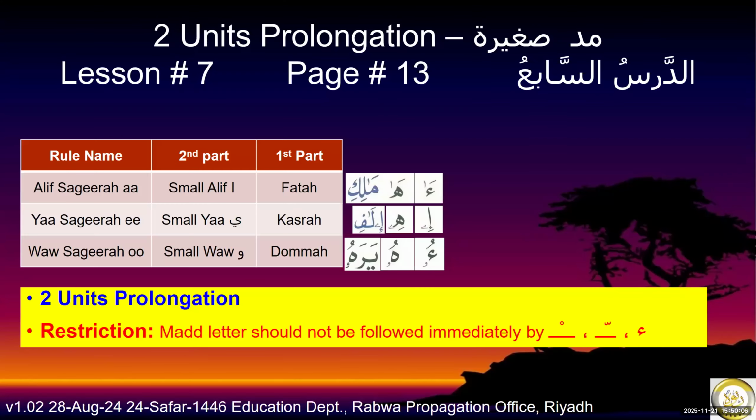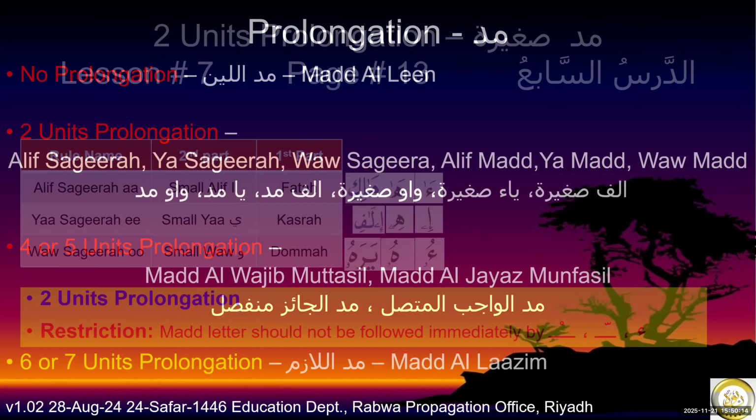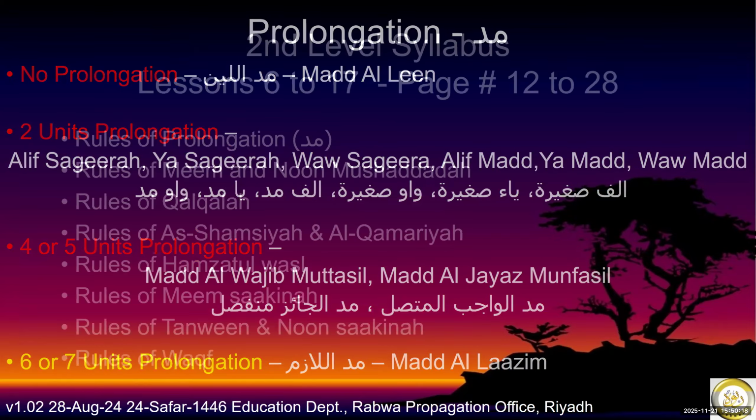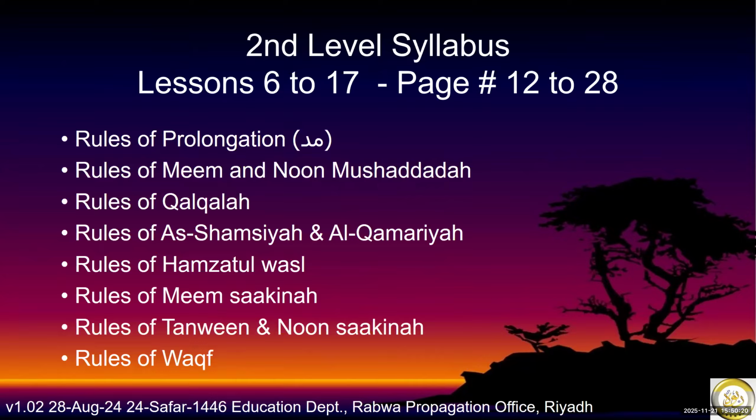In the second level, we started with the Sagira rule. This is Alif Sagira, Ya Sagira, and Waw Sagira. Sagira is nothing but a small Alif, small Ya, and small Waw. These are the rules which we covered in the first level, prolongation, and different types of prolongation.